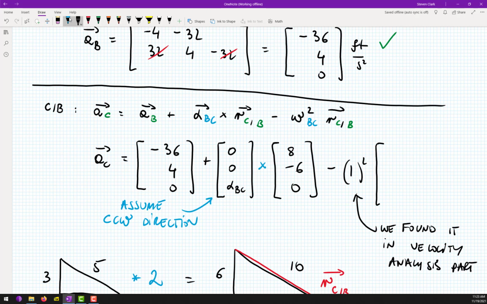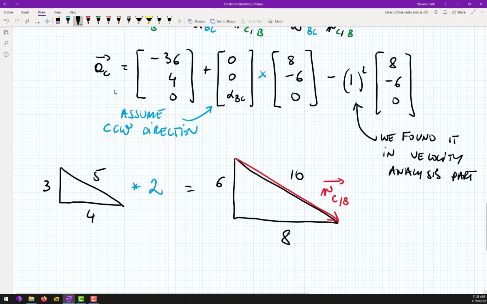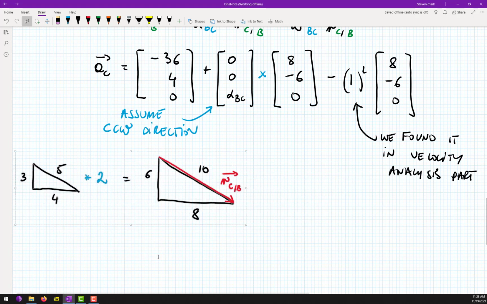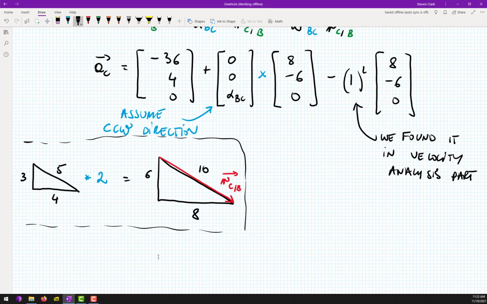Okay, and in here I have to multiply alpha by the same vector, 8, minus 6, 0. If we do this determinant, we'll obtain the following expression.